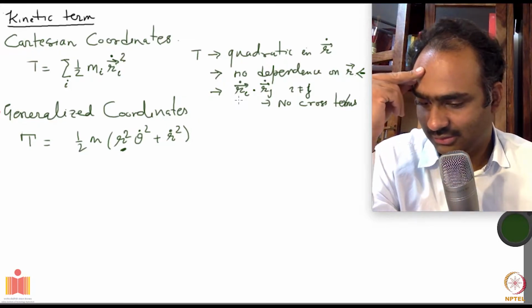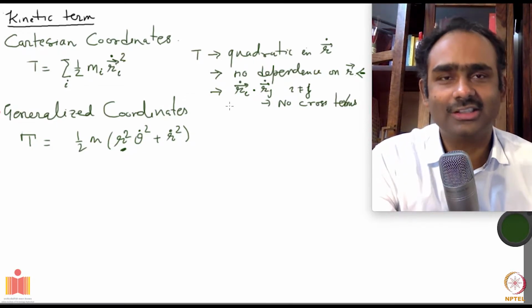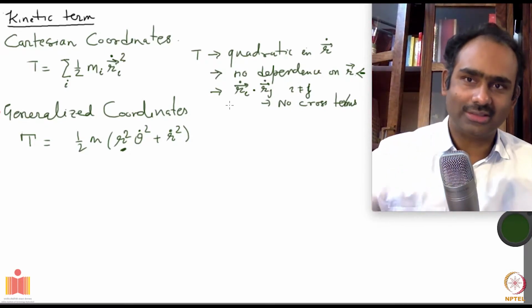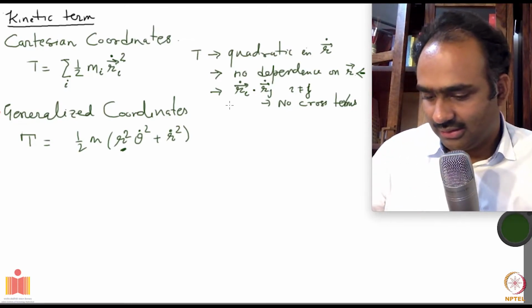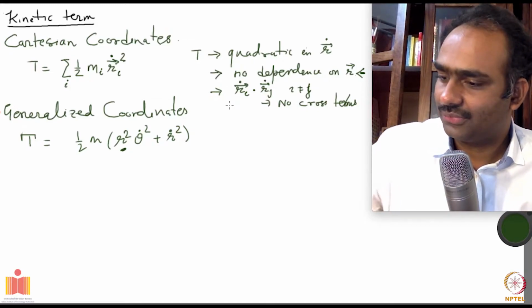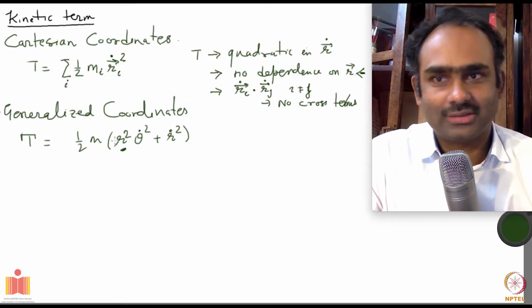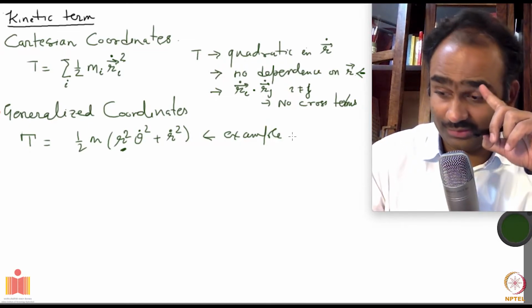And also here you don't have a term which involves the velocity of just one of the coordinates, and as you're going to see very soon, that is also not a general statement. So let's see what the general expression would be. This was one specific example, which we covered in one of the previous videos.